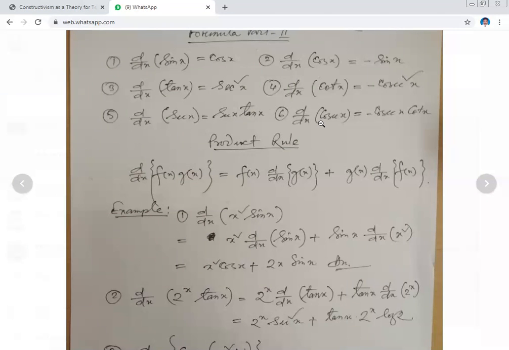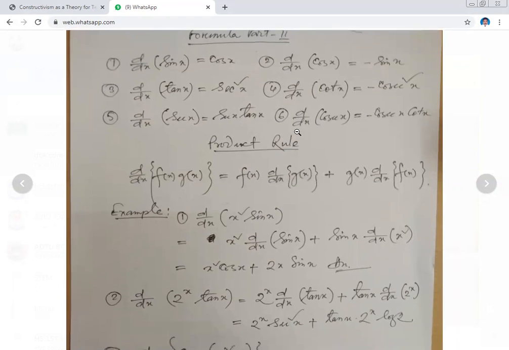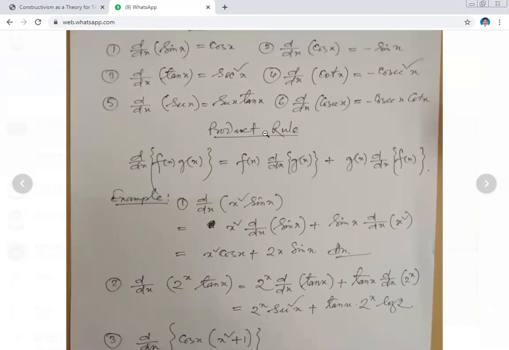So we cannot go through that fundamental definition to differentiate this, because just for formulation this concept was used. So using these formulas we can differentiate the functions related to direct trigonometric ratios. Again, there are some formulas related to inverse trigonometric functions.